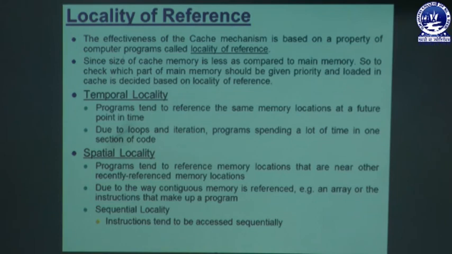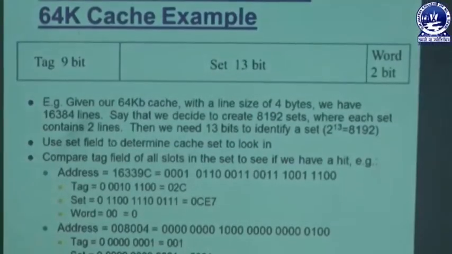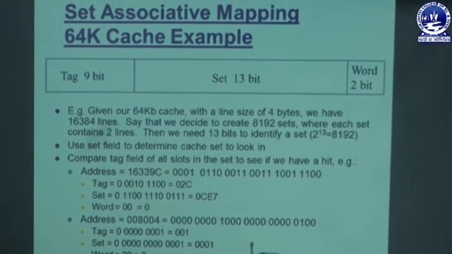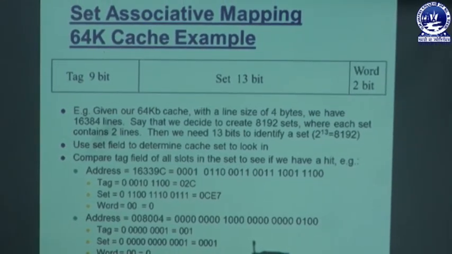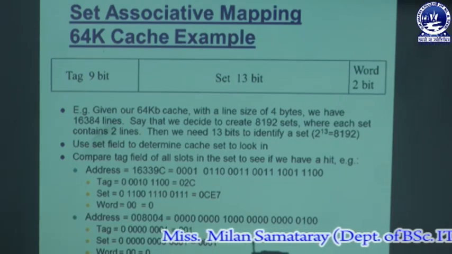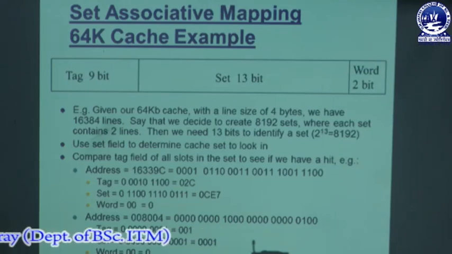In the previous slides we have already discussed the mapping techniques. In today's lecture we have discussed set associative mapping, which is the last mapping technique of cache mapping. We discussed the mapping concept by which we map a memory block into cache lines.